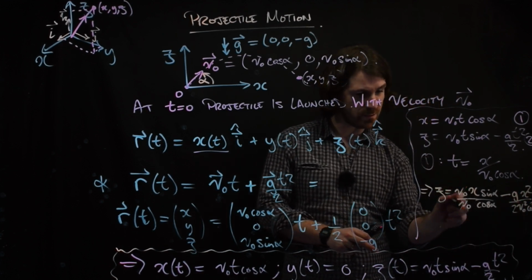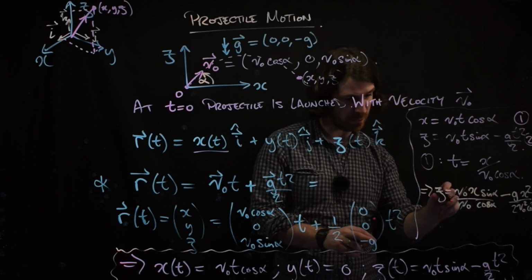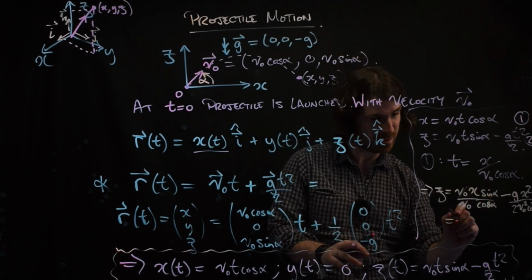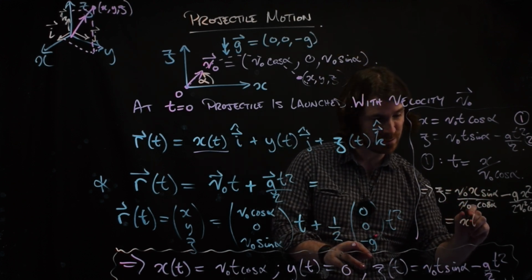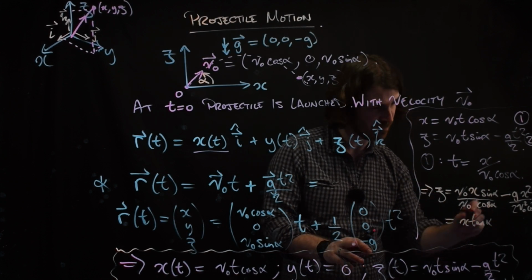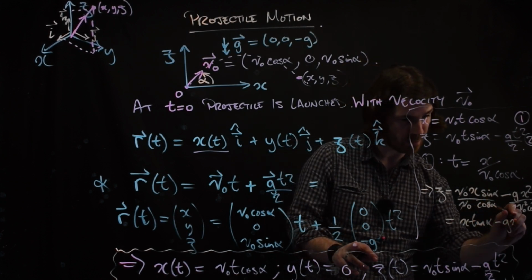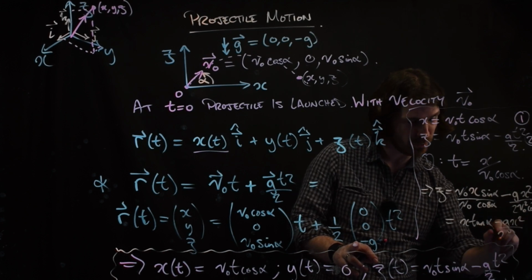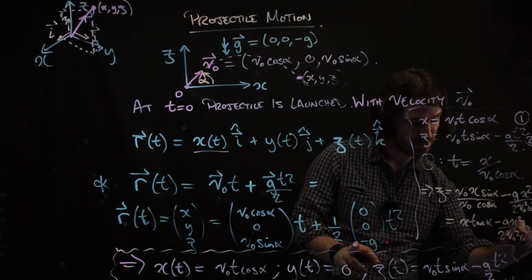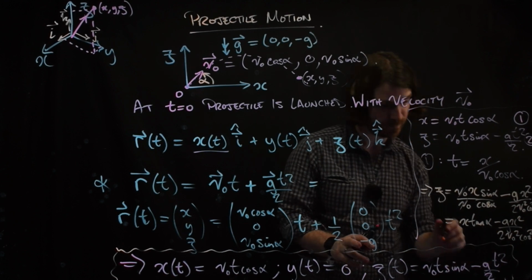So the v0's cancel. Sine alpha over cosine alpha is tan alpha, so we've got x tan alpha minus g x squared over 2 v0 squared cosine squared alpha.